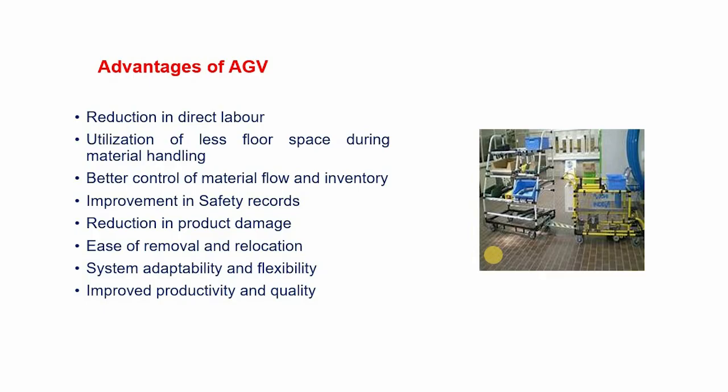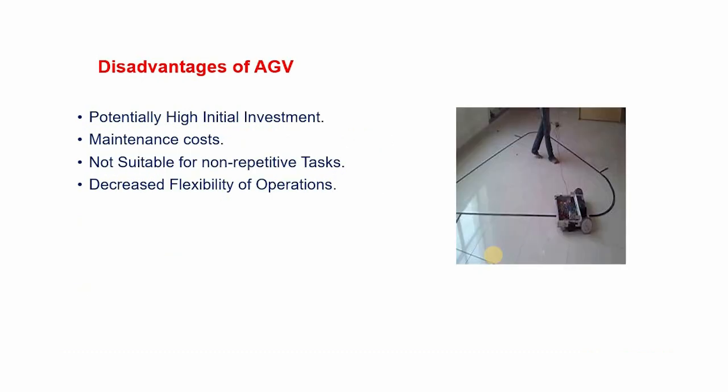The system has adaptability and flexibility; it can adapt to any circumstance. It also improves productivity and quality, so by using the automated guided vehicle system, productivity is increased as well as quality enhanced.